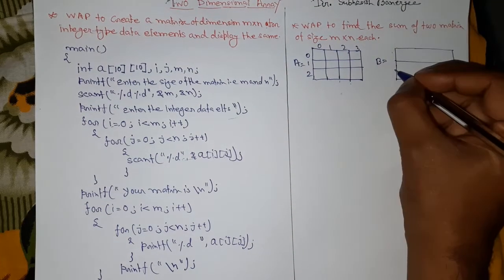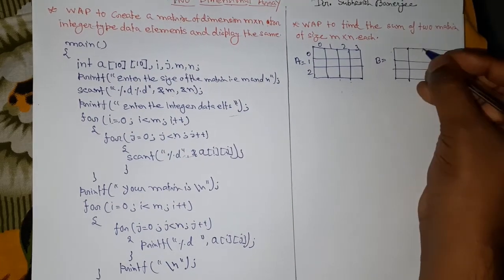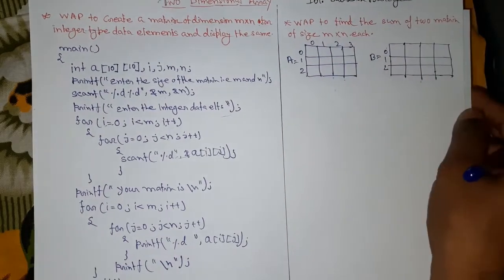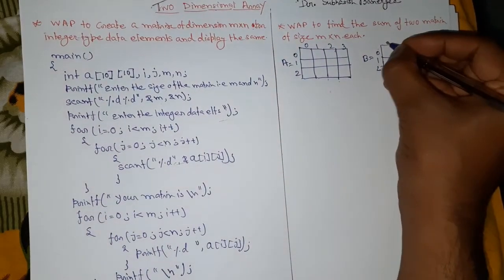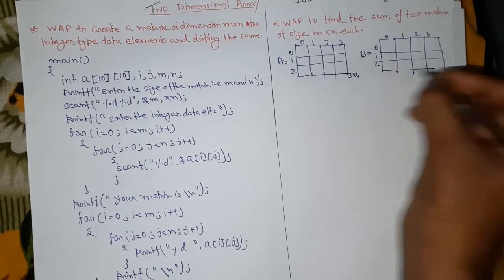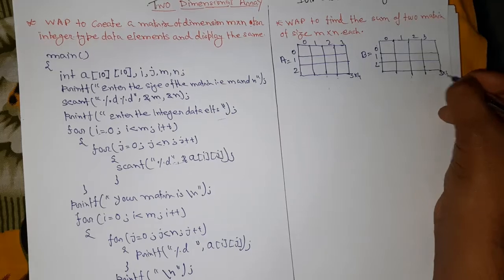The number of rows and columns should be the same. So let's have 0, 1, and 2, 0, 1, 2, 3. So in this example, there are 3 rows and 4 columns. B also has 3 rows and 4 columns.